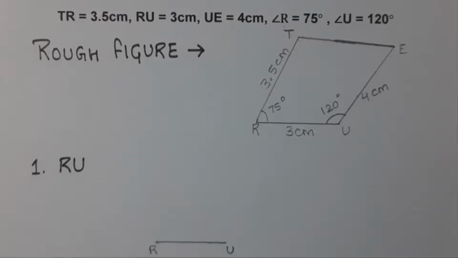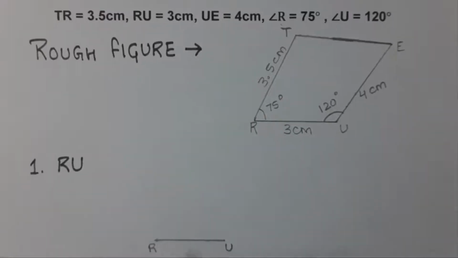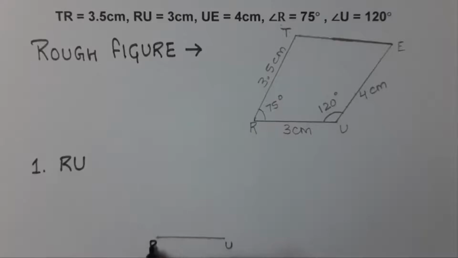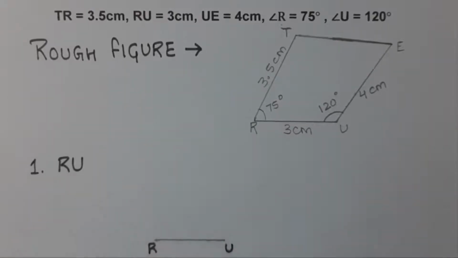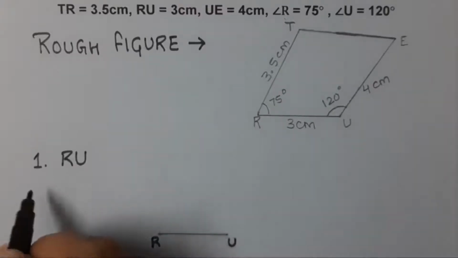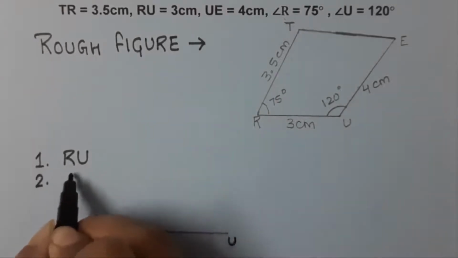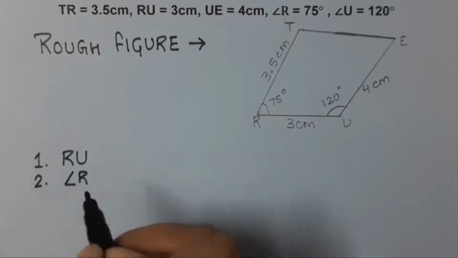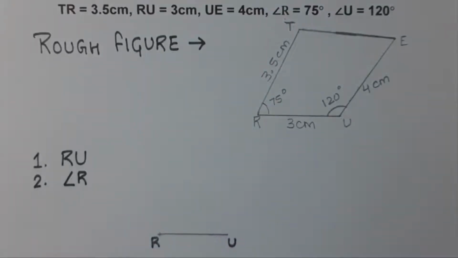Once we have these two vertices, the second step will be, as we moved in the rough figure, in the same sequence we'll be moving here in the main construction also. So second, we'll be constructing angle R. Since we know that 75 degrees can be constructed with a compass, we'll do it like that.